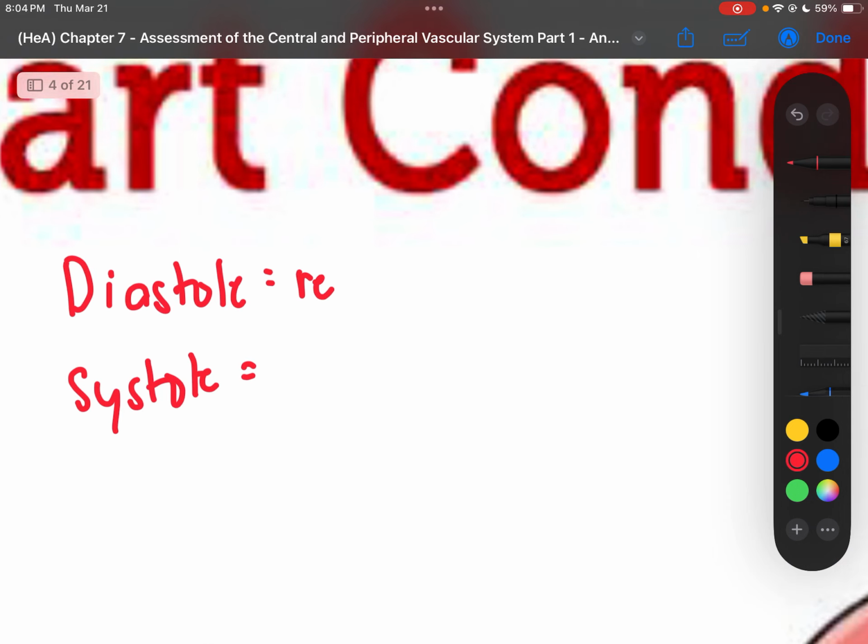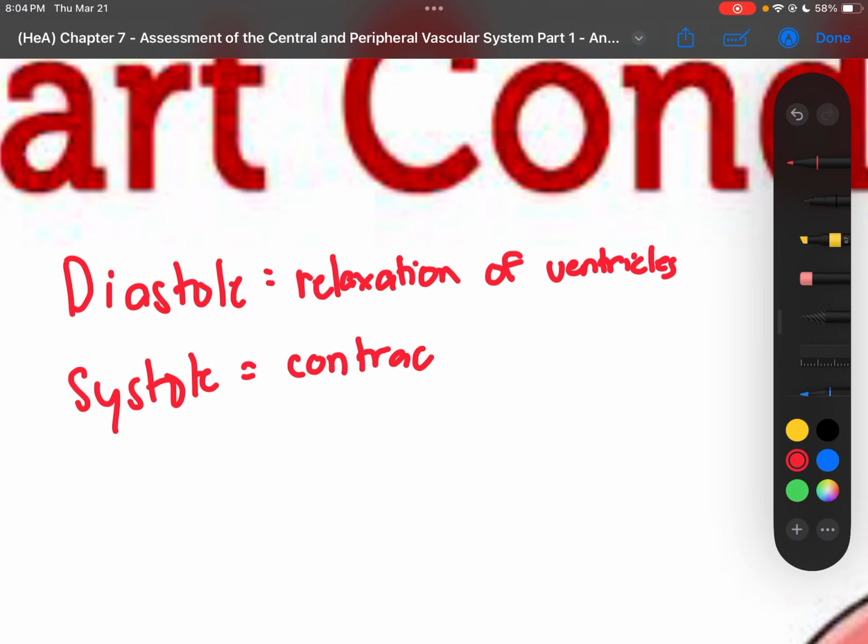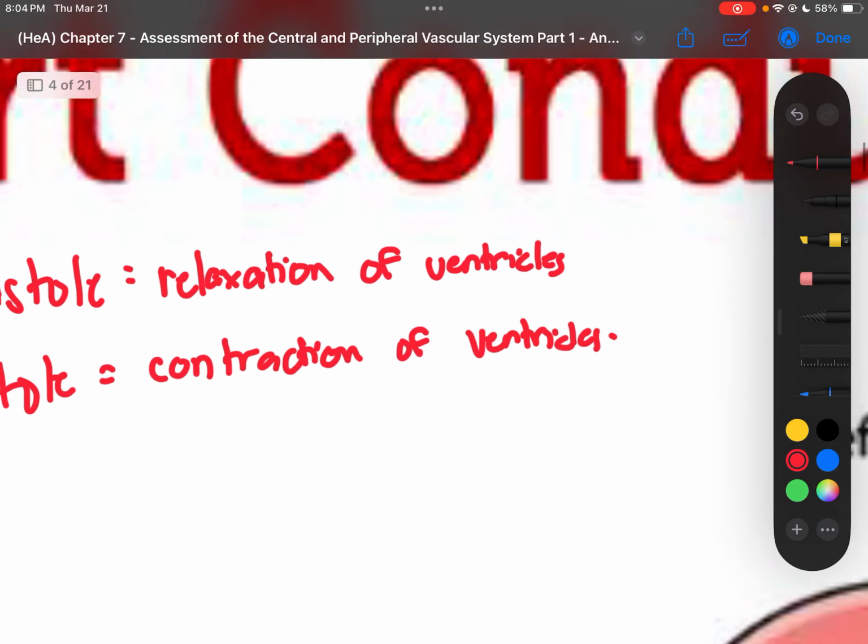So diastole, class, is the relaxation of ventricles, and systole is the contraction of ventricles.